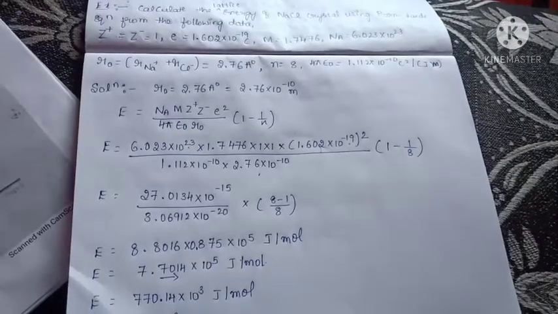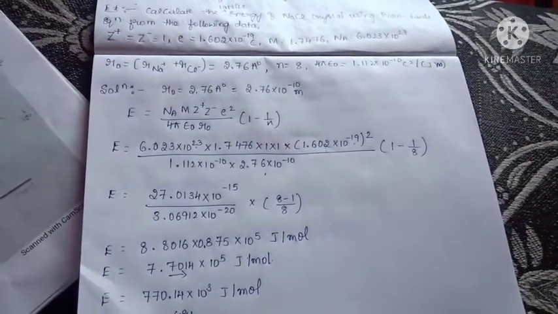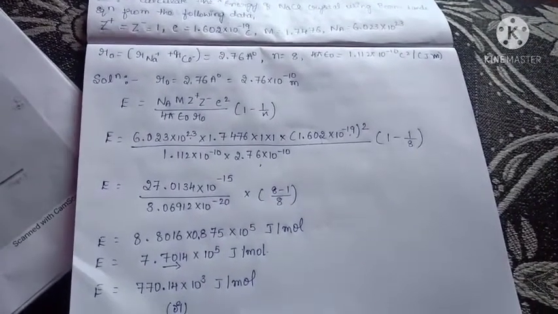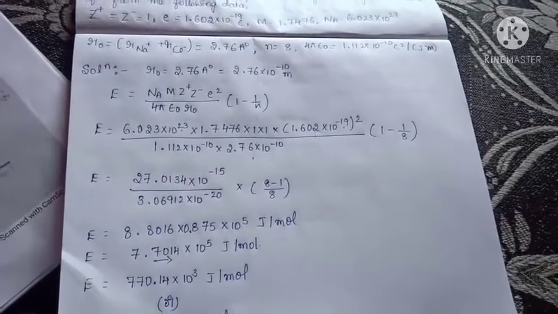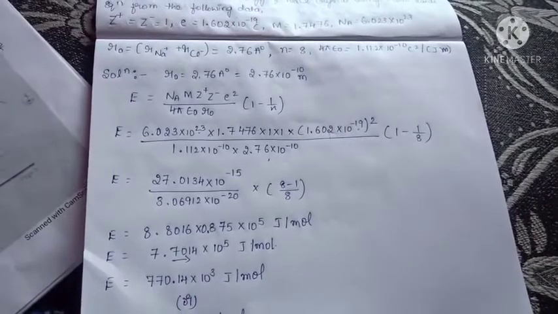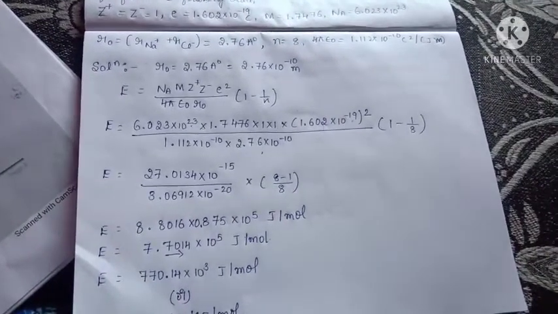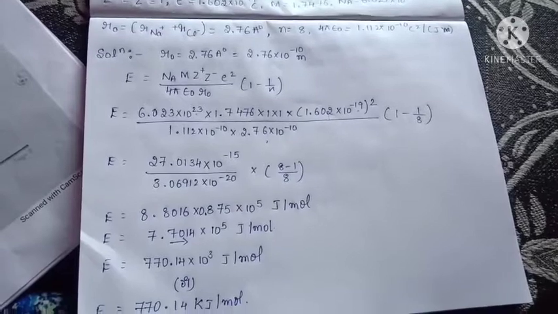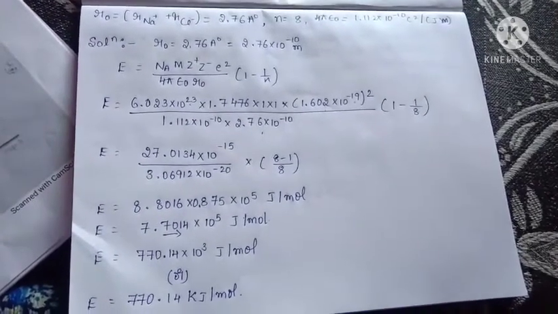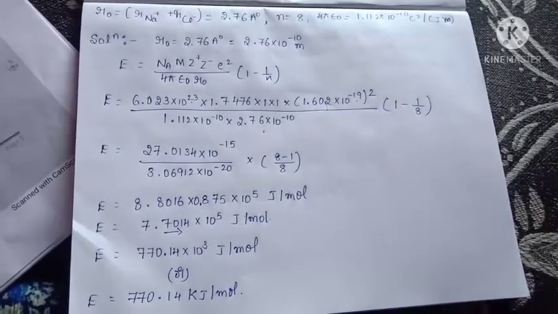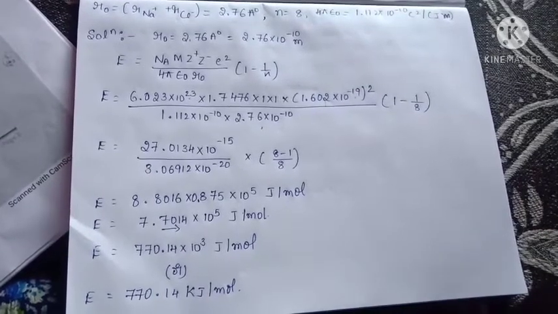Got it? I will explain once again. There will be data given. You have to substitute and calculate, and mainly you have to carry the powers. Then you have to calculate up to 7.7014 into 10 to the power of 5 joule per mole.